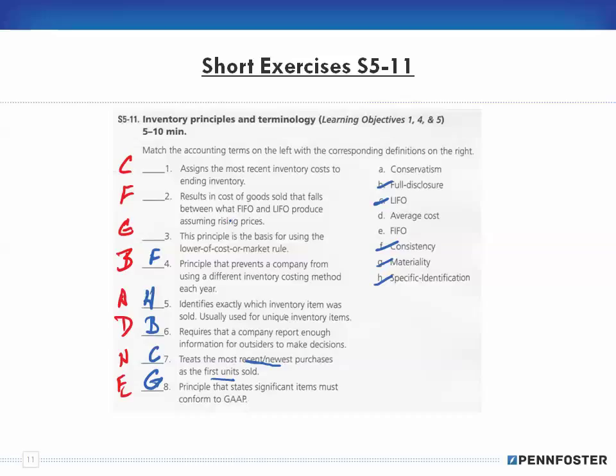A. No, wait, I'm going to skip that one for the moment. Now, it results in cost of goods sold that falls between what FIFO and LIFO produce, assuming rising prices. That would be D, average cost. And I thought this was conservatism. And then, of course, that makes this one, assigns the most recent inventory costs to ending inventory, FIFO.